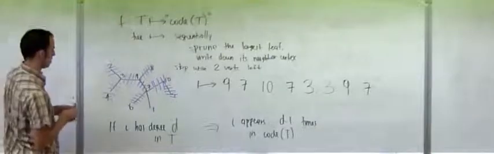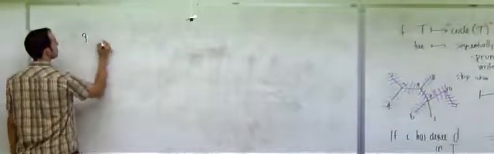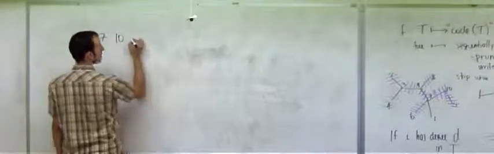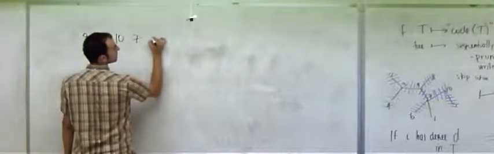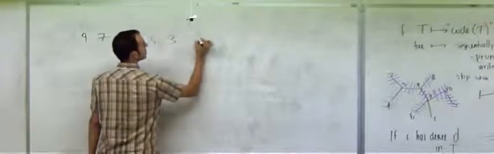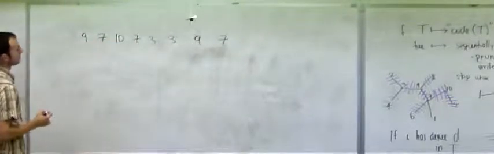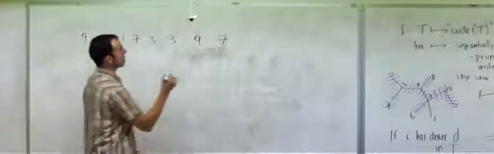Okay. So then, let's take the code. And I'm going to try not to look at that board over there and just recover that tree. So what are the leaves?